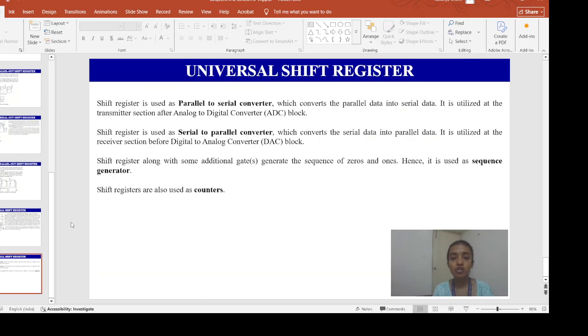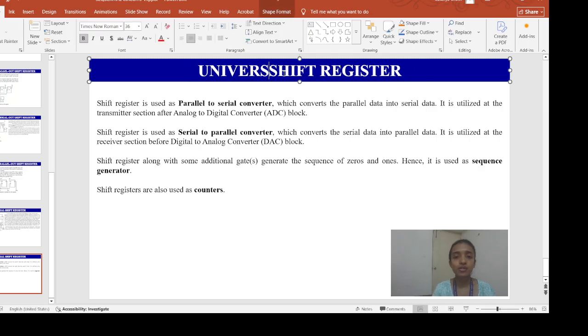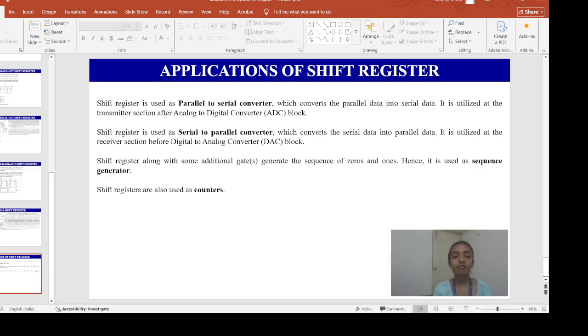So what are the applications of the shift register? A shift register is used as a parallel to serial converter, which we have seen, which converts the parallel data into serial data.